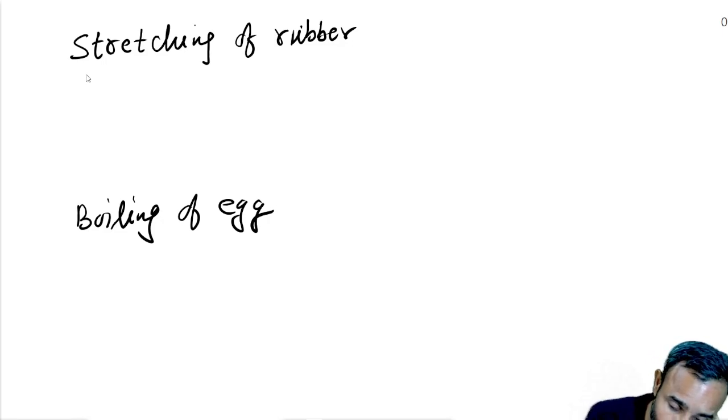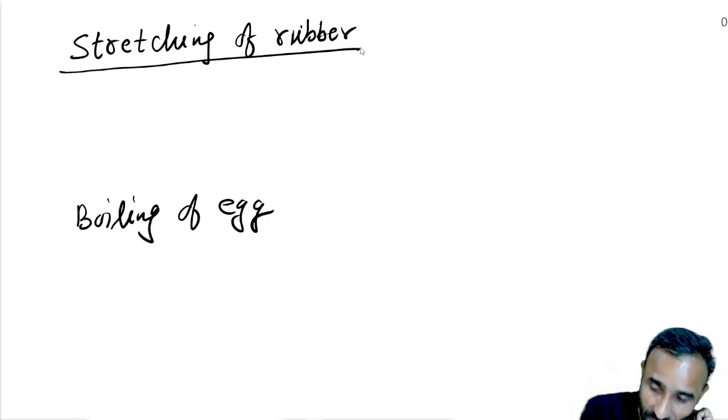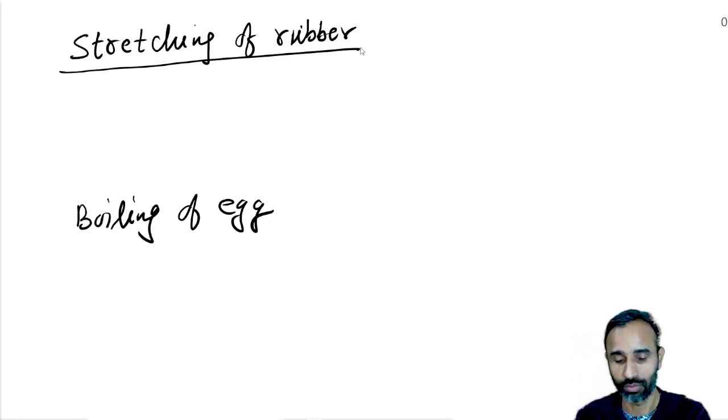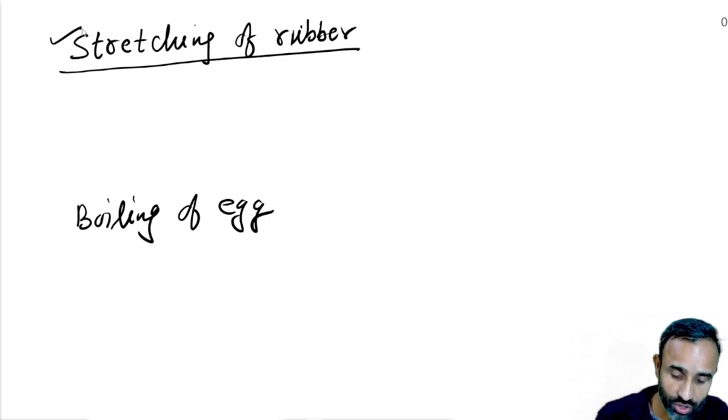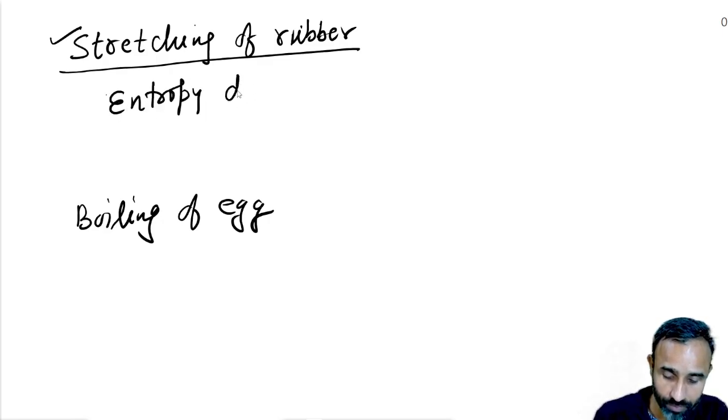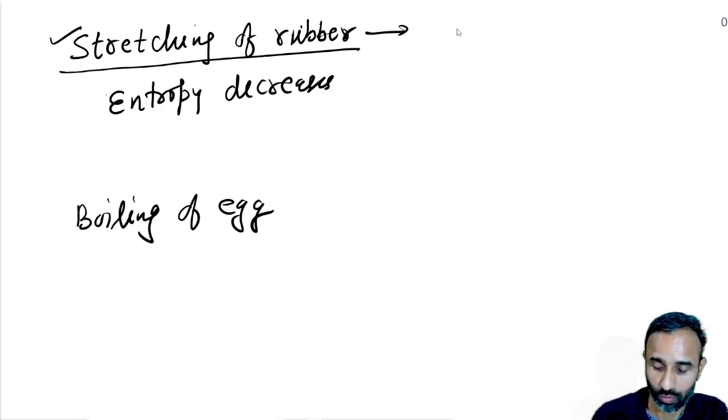Whenever we stretch the rubber, the polymer chains are aligned. So whenever there is stretching of rubber, entropy decreases, because those coiled chains are straightened up.